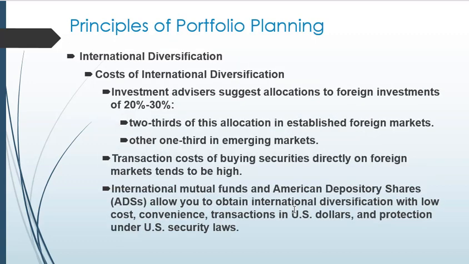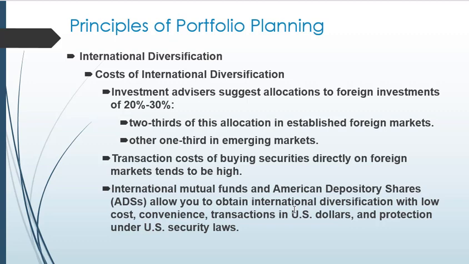The one really big downside, we've mentioned this a couple of times, is the cost. Investment advisors suggest you should have an allocation of foreign investments of 20 to 30%. Two-thirds of that should be in established foreign markets and another third in emerging markets. Now the transaction costs on these are very high. You have to pay advisors, right? We have to pay somebody to analyze the companies.